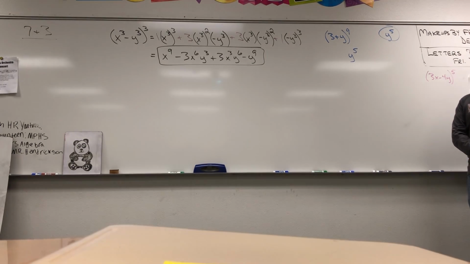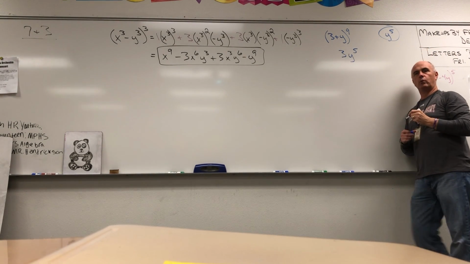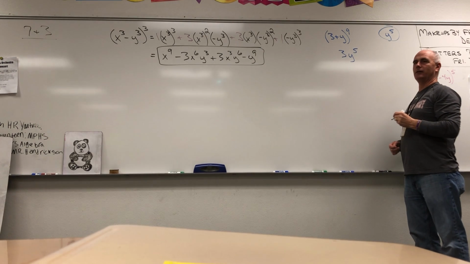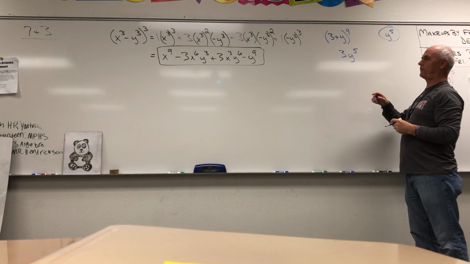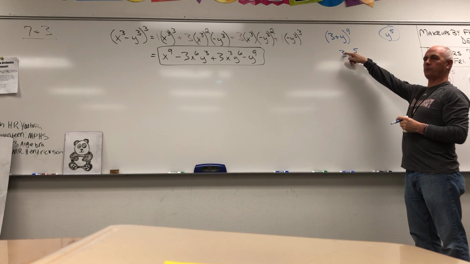If we're going to do y to the 5th, then we also have to do 3 to a power. What power? To the 4th? Why do you think that? For what reason are you saying we should do 3 to the 4th?